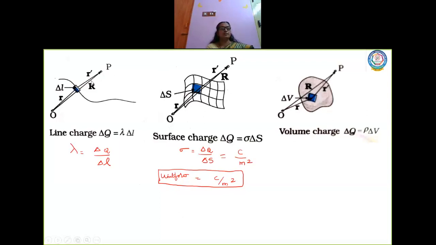So when you consider a small element, again for this length del L, I can find out the charge distribution for the entire conductor.